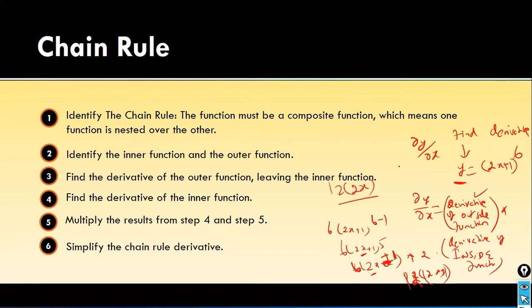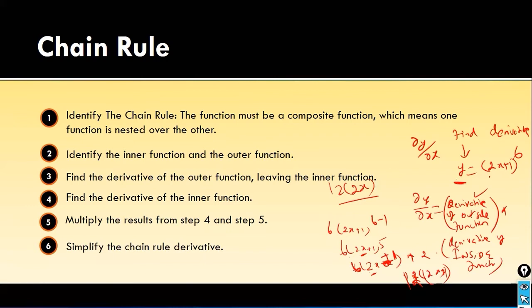So this is how you need to use the chain rule, using which we can find out the derivative. Here are the steps: the function must be a composite function, which means one function is nested over the other. Look here, this function is nested inside the outside function, and we need to find the derivative of the outer function, leaving the inner function as it is.